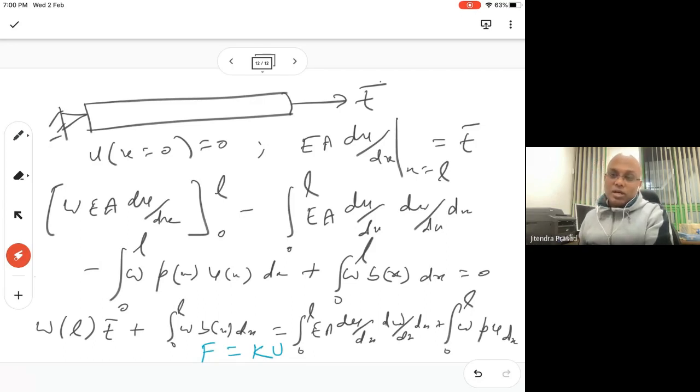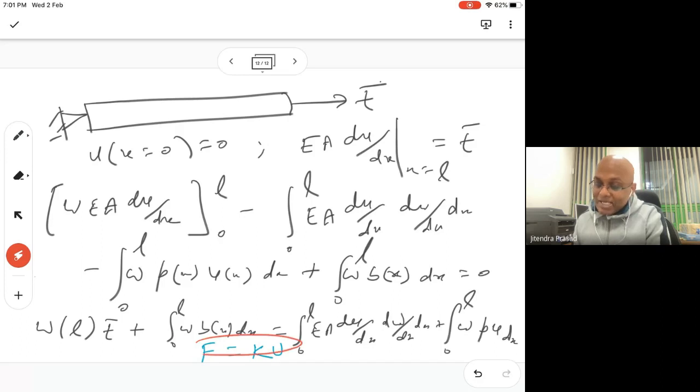So this week we will work on another kind of problem, or we can also talk about the different kinds of test functions and how the finite element method is different from the Galerkin method or the Ritz method.